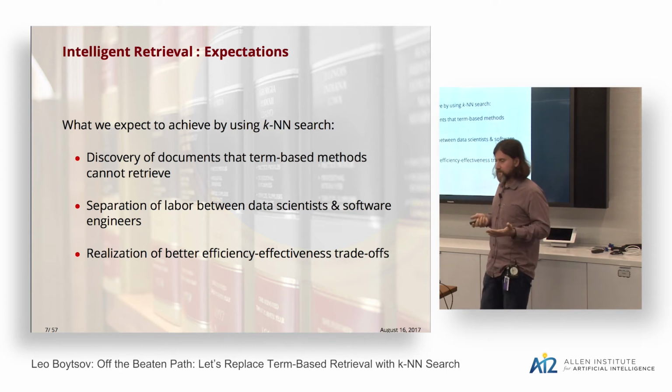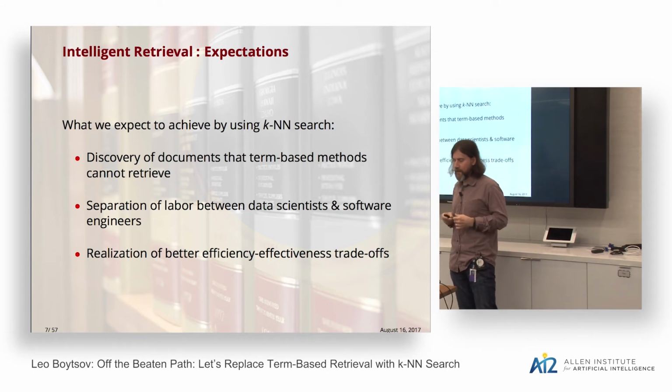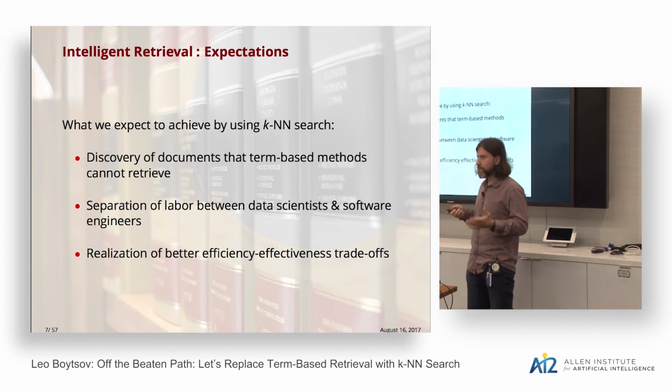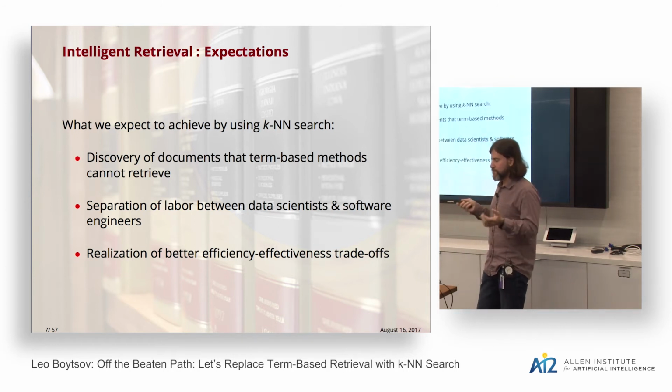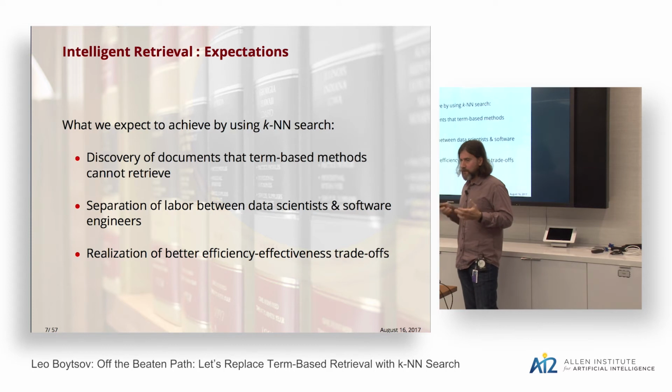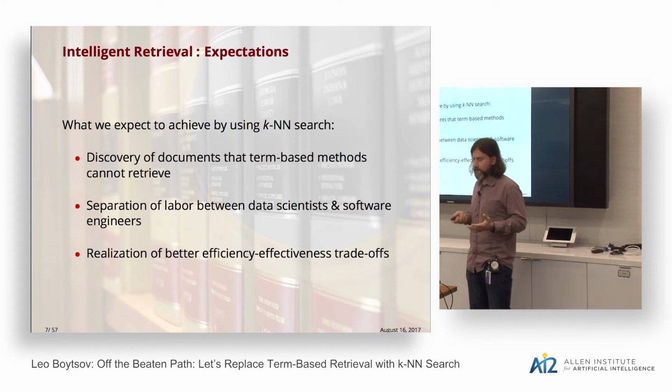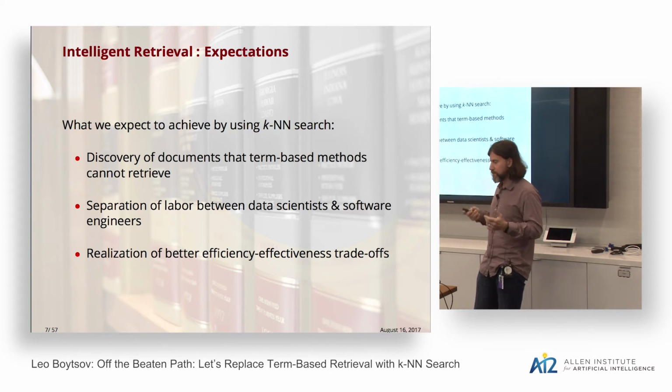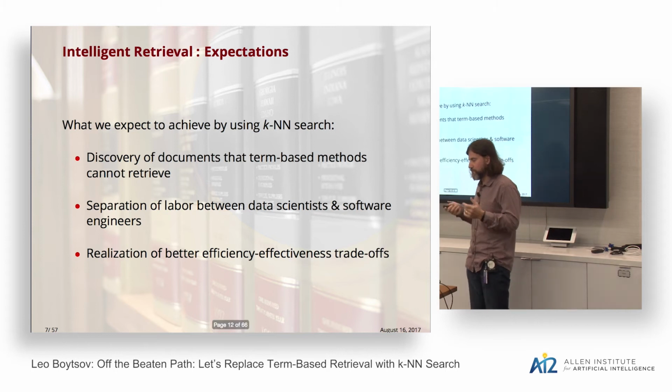We hope that this may permit an effective separation of labor between data scientists focusing on accuracy and modeling and software engineers focusing on efficiency and scalability. And we also hope that using generic KNN search will allow us to achieve better efficiency effectiveness trade-off.